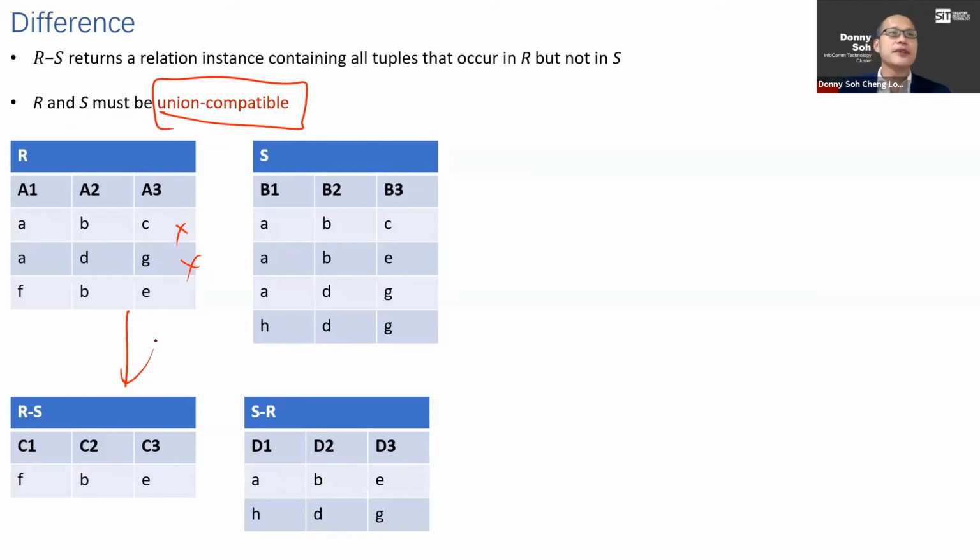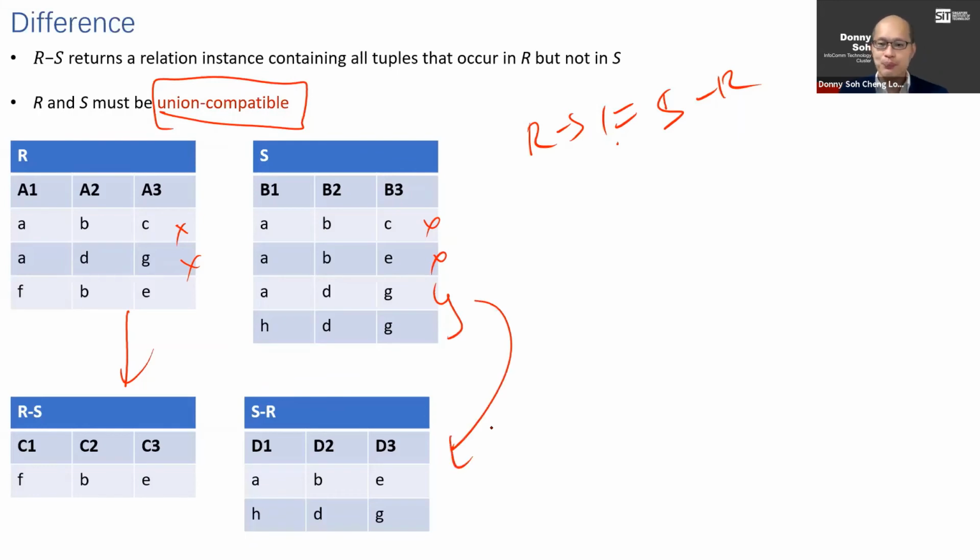The interesting thing about the difference is that R minus S is not equal to S minus R, because if you do S minus R, you would remove this one, and you'll be left with these two rows, which gets populated down. So R minus S is not equal to S minus R. Okay, something for you to think of.